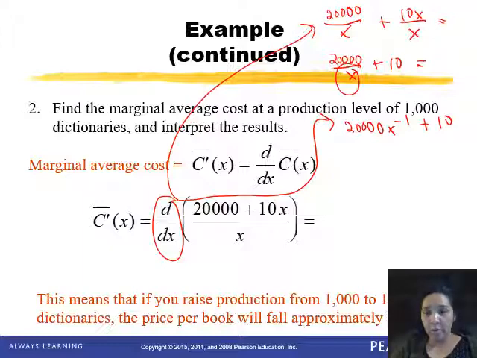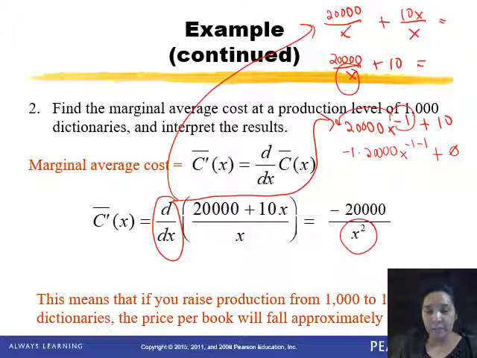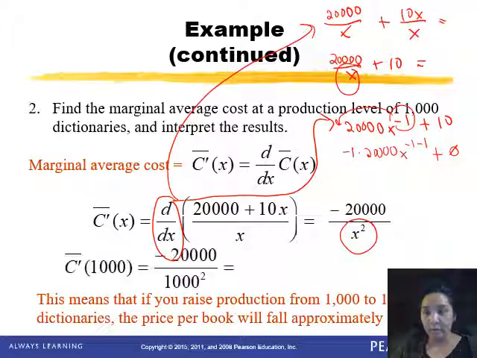And so the power rule happens where this comes down and you have negative 1 times 20,000 x to the minus 1 minus 1, and the derivative of a constant is 0. And so now we have our answer, which is negative 20,000 x to the minus 2. We can bring that back down and this becomes x squared.